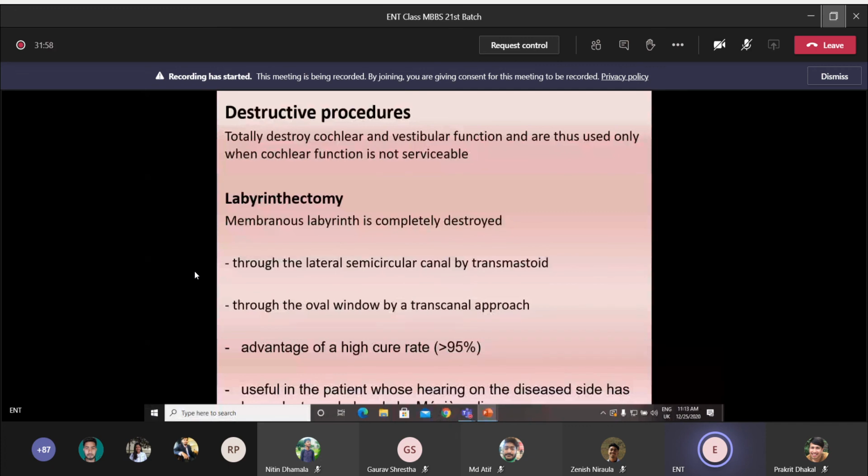The membranous labyrinth is completely destroyed, through the lateral semicircular canal. By transmastoid approach you can do this procedure, or through the oval window, through transcanal approach. So you don't need to open up the cranium. There are other approaches, and it does help in more than 95% of the cases.